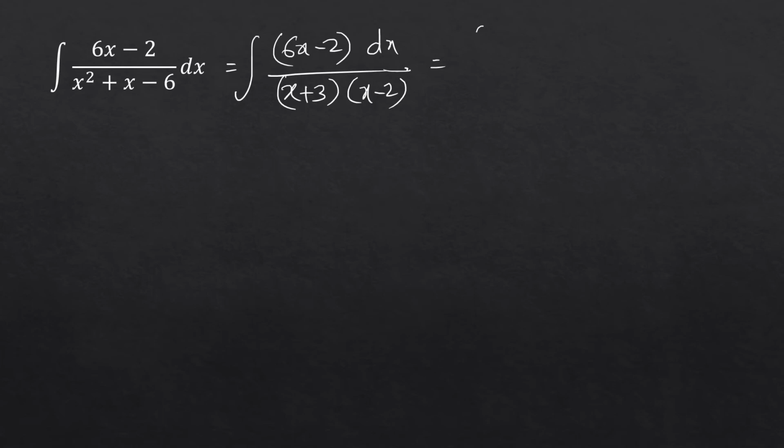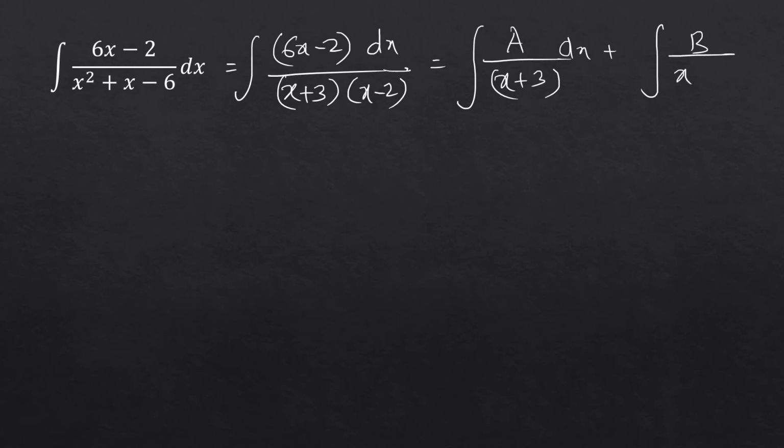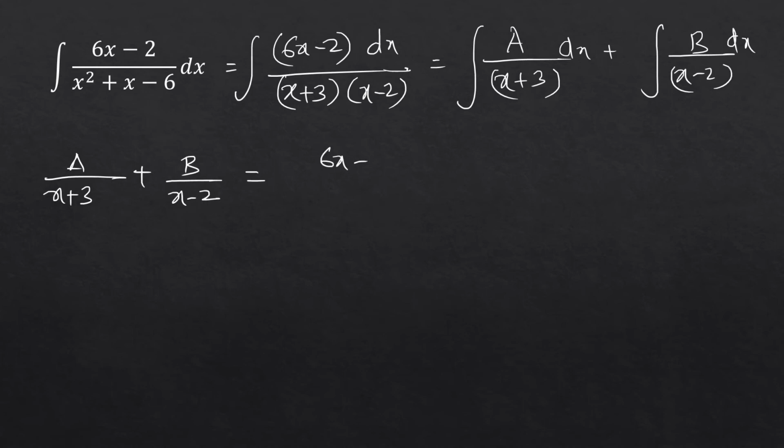Next step, we will try to find two numbers a and b such that I can write it as a over x plus 3 dx plus b over x minus 2 dx. So now our job is to find the values of a and b. In order to do that, we will write a over x plus 3 plus b over x minus 2 is going to be equal to 6x minus 2 over x plus 3 times x minus 2.